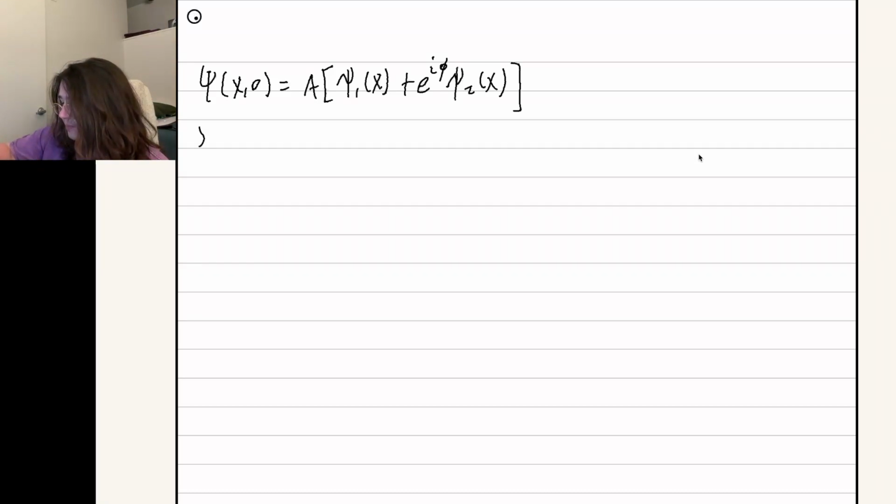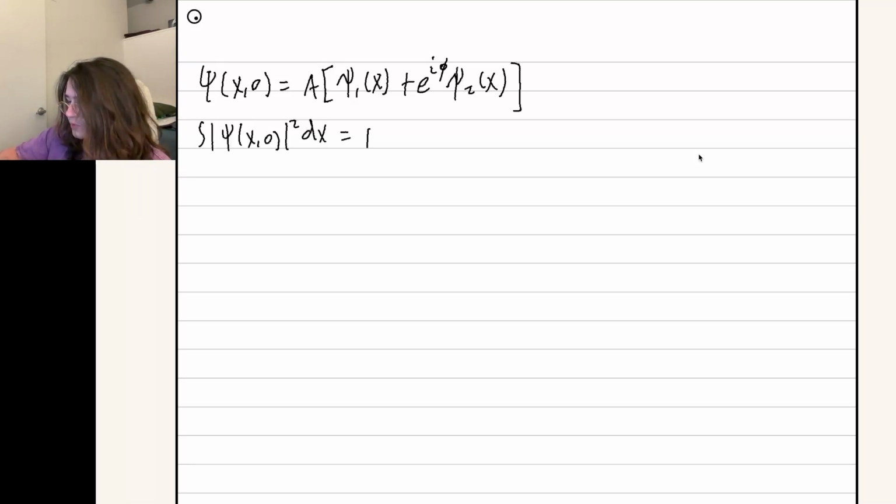So first of all, the normalization is going to be the same, and I'm going to show that off first. So normalization, you set this thing equal to 1, the integral of the mod squared over all space.